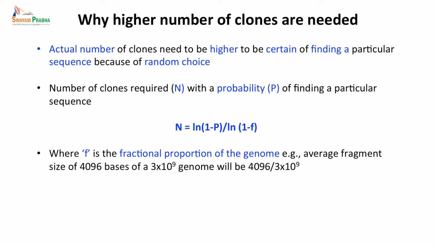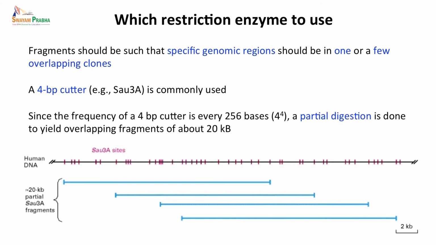It is much higher because, as you saw in the previous slide, the cuts that are made are random. When you are screening the colonies, how do you make sure that you will find, for example, this particular fragment? You can only find it randomly, so you cannot possibly check all the colonies present in the genome library one by one.